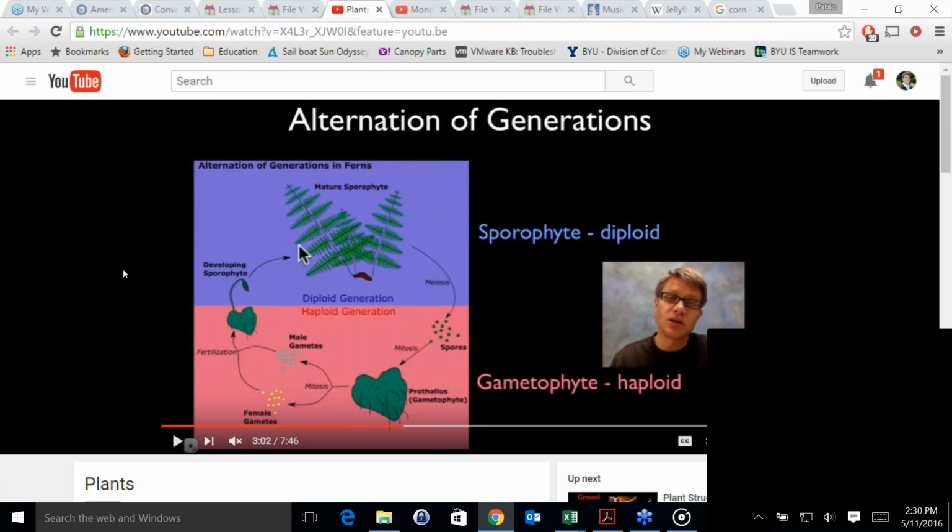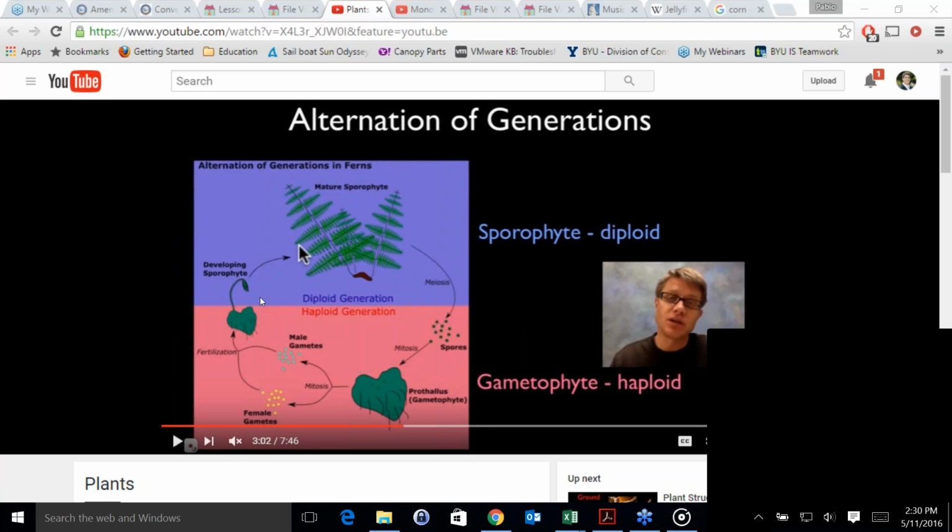What was the alternation of generations concept? Any ideas? The image should kind of give you a clue. Anna says it had something to do with diploid and haploid.